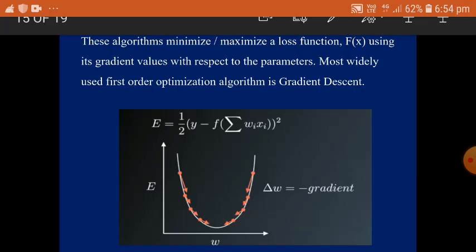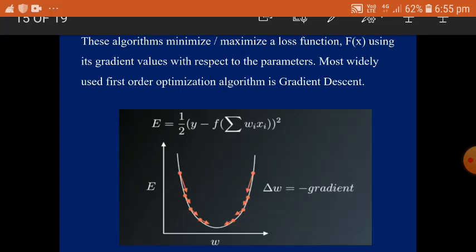Here what we do is, we will calculate what a small change in each individual weight would do to the loss function. Means when you reduce the weight, the first point is, you have to identify how much error is reduced.